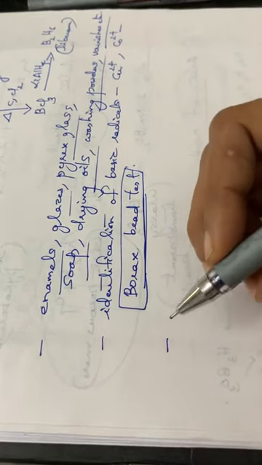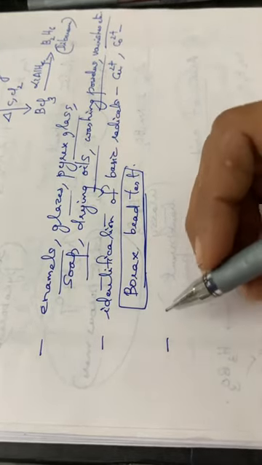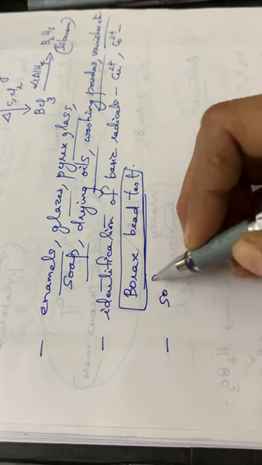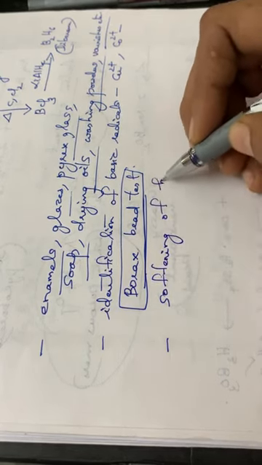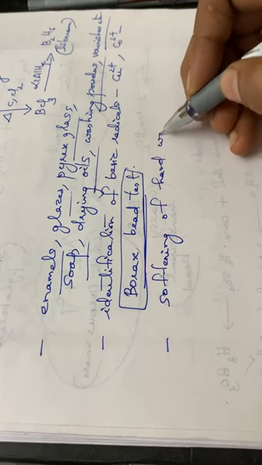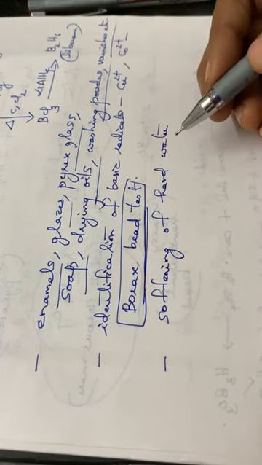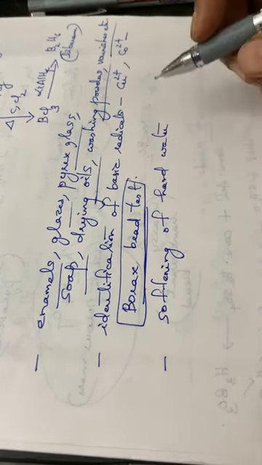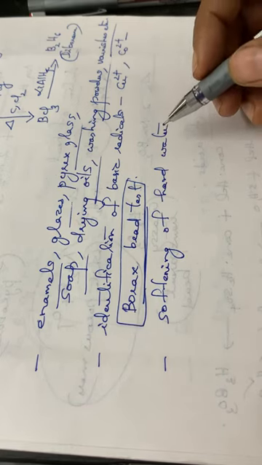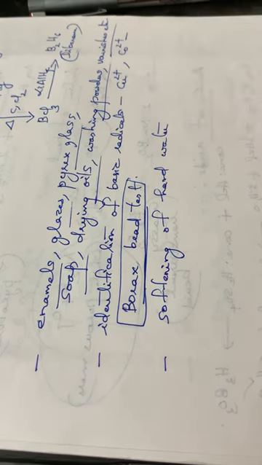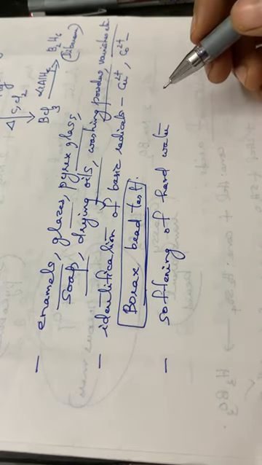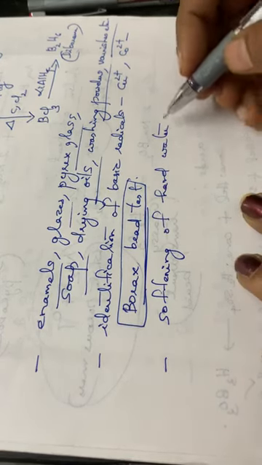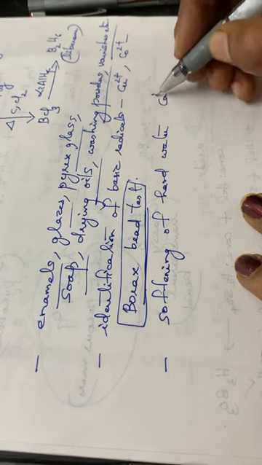Then the next use is in the softening of hard water. As you know, hard water is due to the presence of Ca2+ ions and Mg2+ ions. When borax is treated with this hard water, it will precipitate the calcium ions present in the hard water.